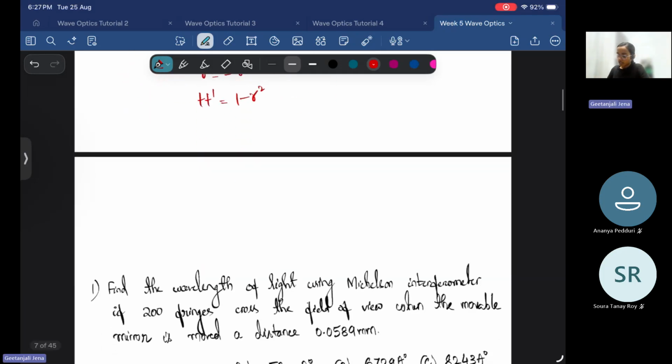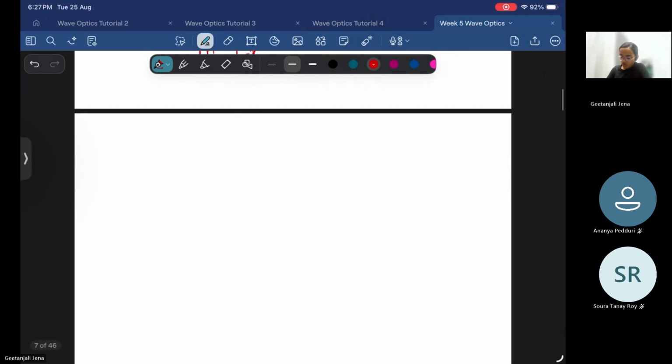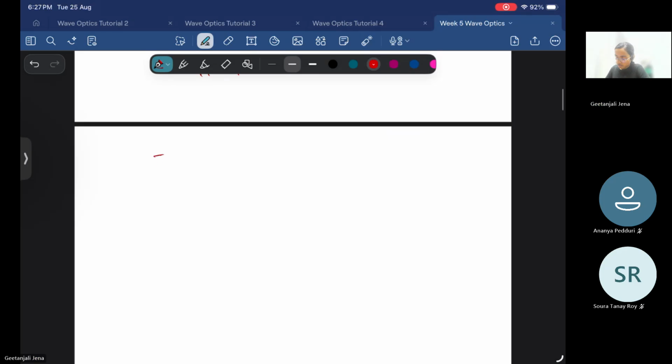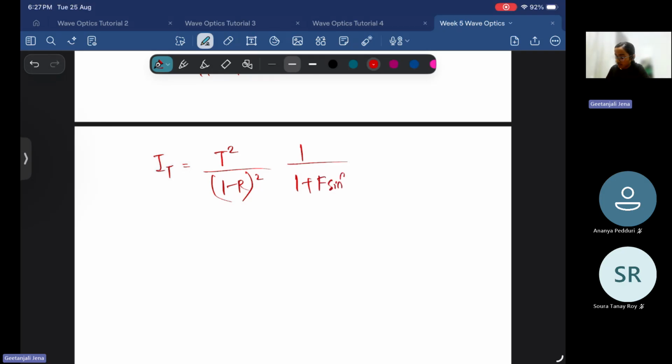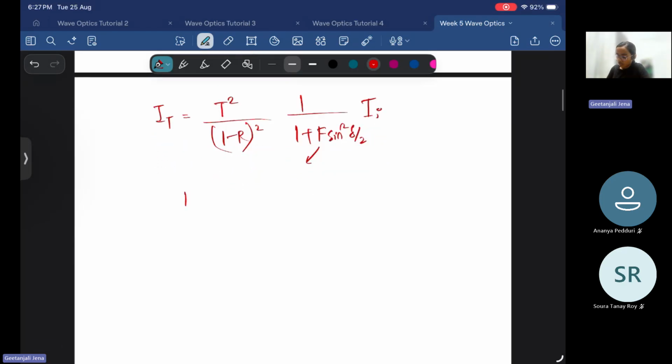So using this, we have found out that we can express I_T as T square over 1 minus R square, times 1 by 1 plus F sine square delta by 2, times the intensity of incident light. F is the coefficient of finesse, given by 4R over (1 minus R) square. R is the reflectivity of the mirror.